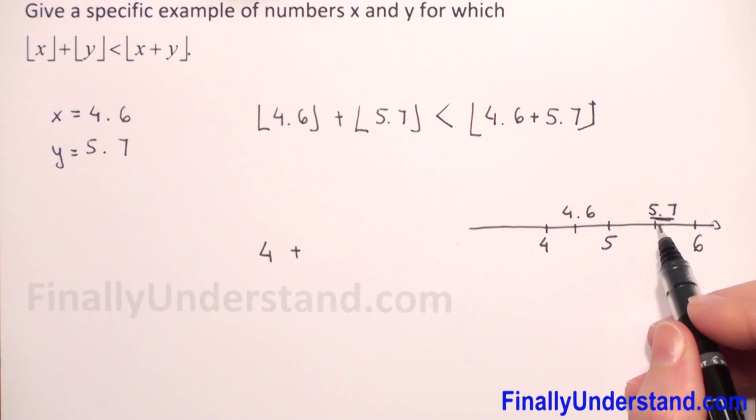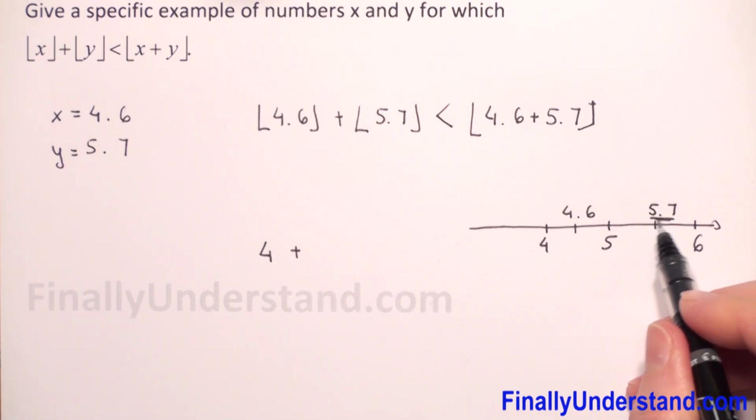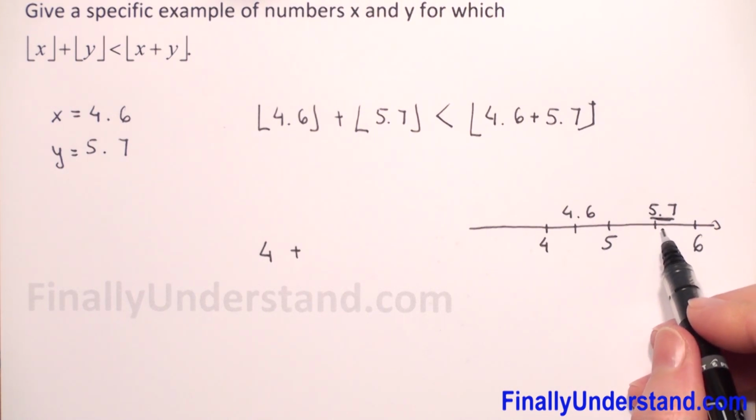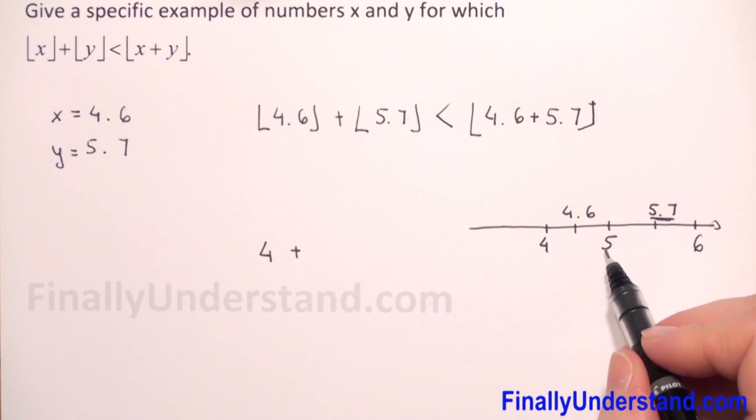One more time. When we have to find the floor, it means we have to find the largest integer less than our given number or equal to this number, because 5.7 is not integer. So the largest integer which is less than this number is 5.